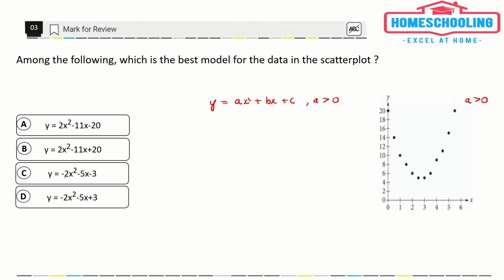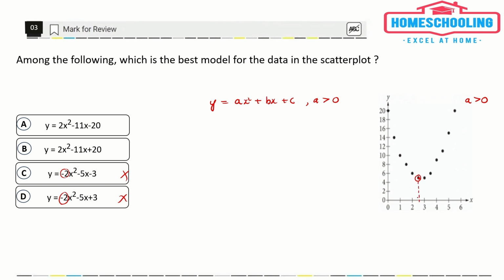As we can see here, in options C and D, a is negative. So we are going to discard options C and D. Now what we're going to do next is find the vertex here. When the parabolic curve is opening in the upward direction, the vertex is going to be the minimum, lowest value. So let's take this one as the vertex.